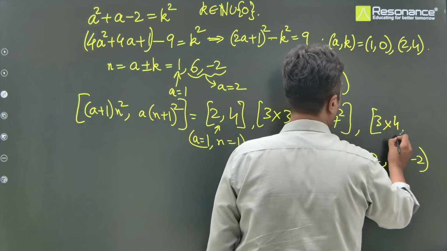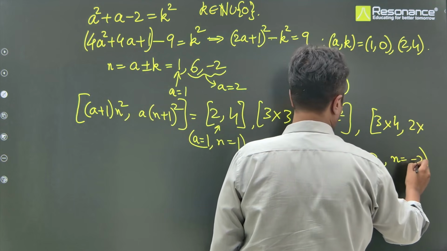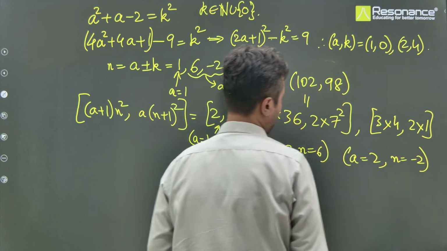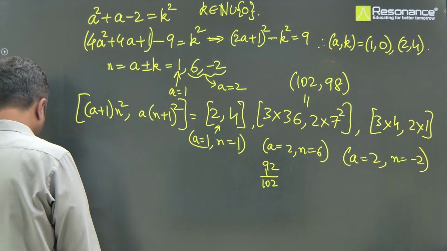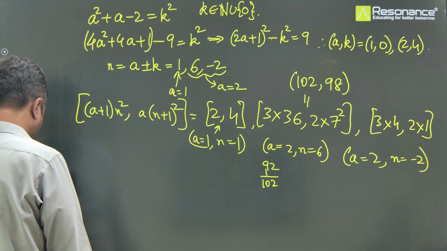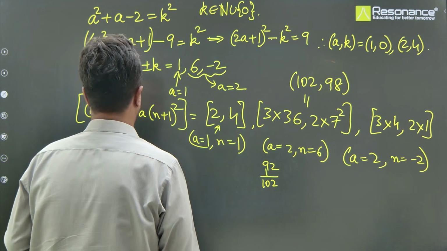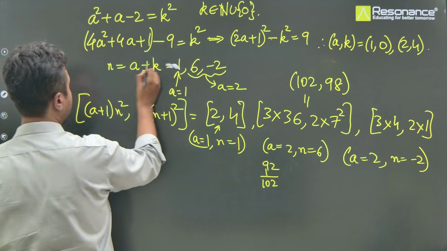So 3 into 4, and then 2 into minus 1 whole square, so 1. They should at least satisfy that equation. Just give me a minute. They don't seem to satisfy that equation.